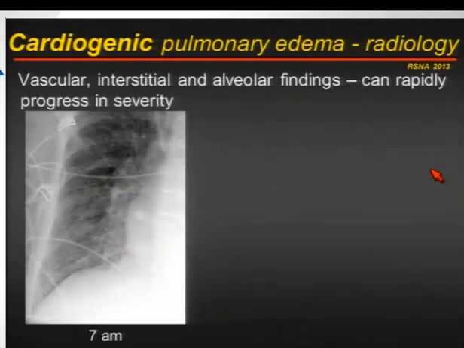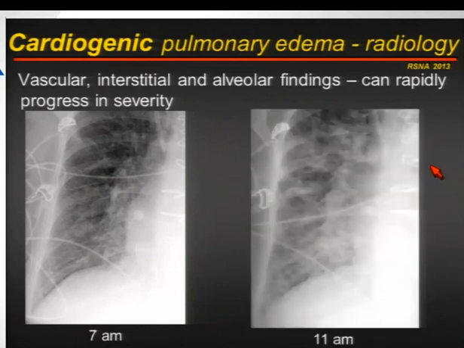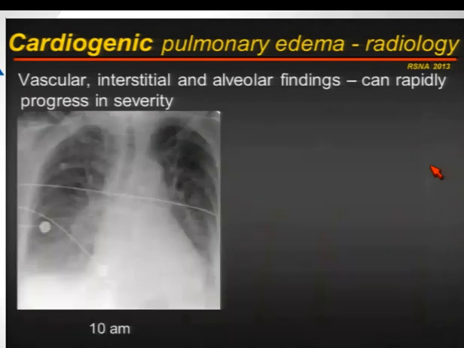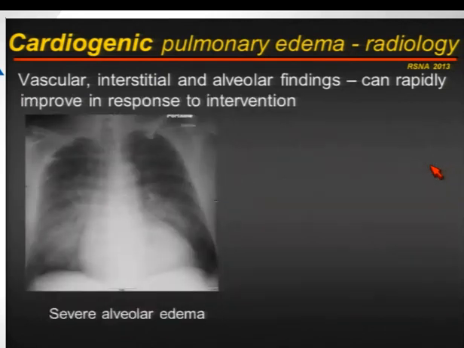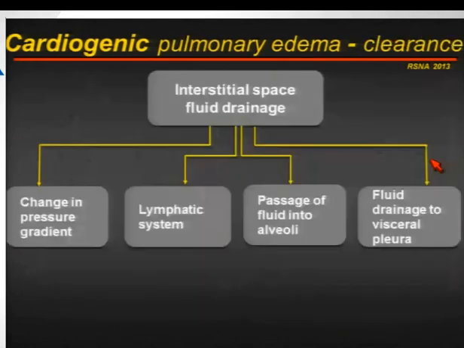We also should remember that the progression from vascular to interstitial or interstitial to alveolar findings can be very rapid. Vascular, interstitial, and alveolar findings, all of them, on the other hand, can rapidly improve in response to intervention.